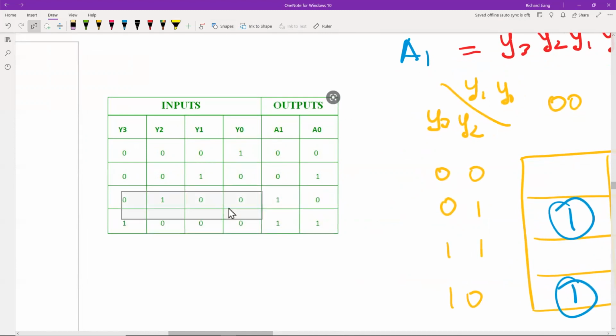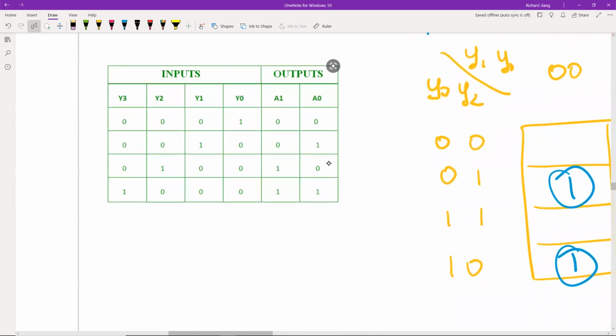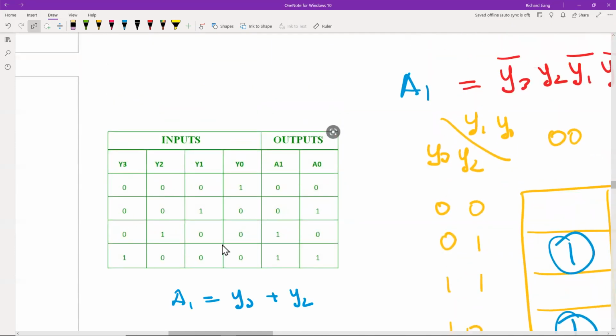But maybe Y2 or Y3 or something along those lines. Could you just say A1 equals Y2 OR Y3? I think you can from what I'm looking at. It looks like that would work. A1 is equal to Y3 ORed with Y2. That looks like it would work right off the bat looking at this.